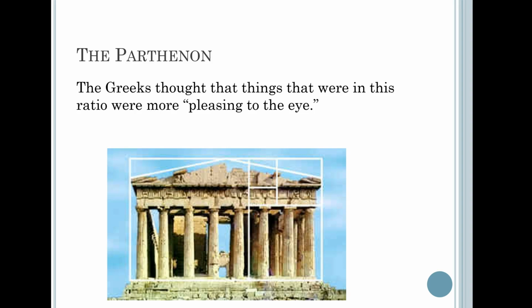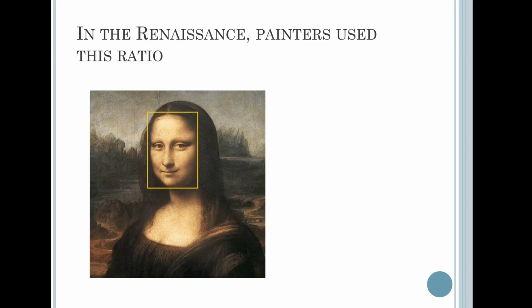The Greeks thought that things in this ratio were more pleasing to the eye. So here's the Parthenon. If you take A, the distance across the bottom, and B, the height, and divide them, you get approximately phi, the golden number. The Renaissance painters used this golden number in their paintings. So this is the Mona Lisa by Leonardo da Vinci. It's another Leonardo.